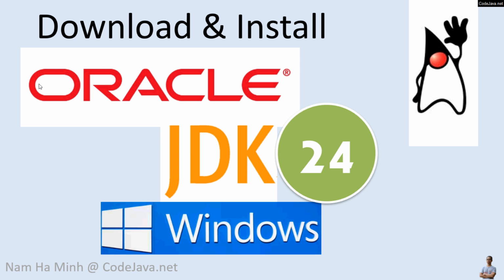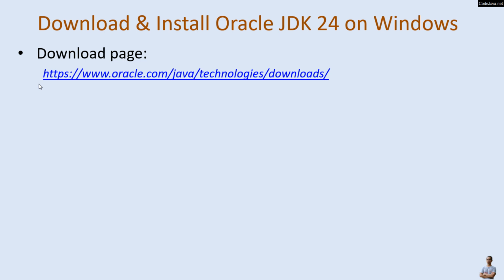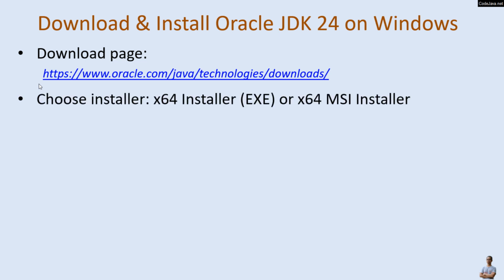And that's my guide about setting up Java Development Kit on Windows computer with Oracle JDK 24 distribution. To sum up, it's recommended to download Oracle JDK installer from its official Java download page at this URL, and you can choose either x64 installer EXE or x64 MSI installer for the convenience of setup.